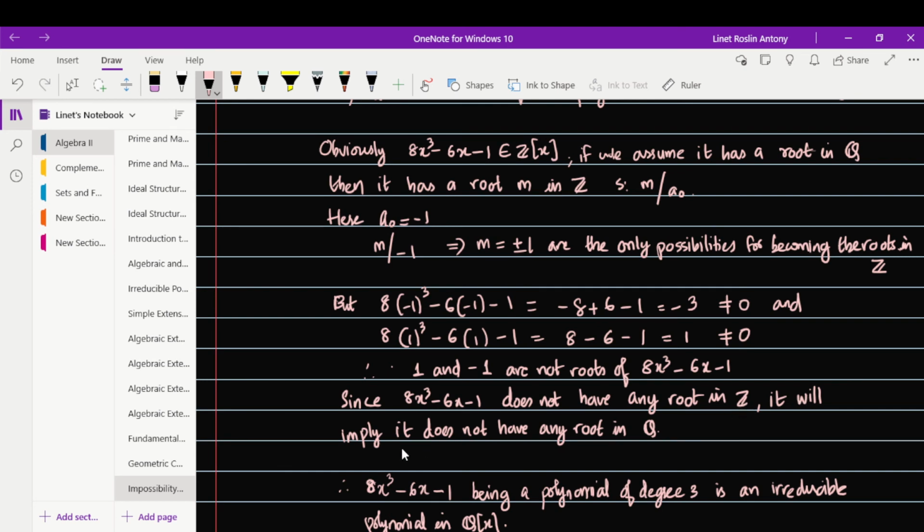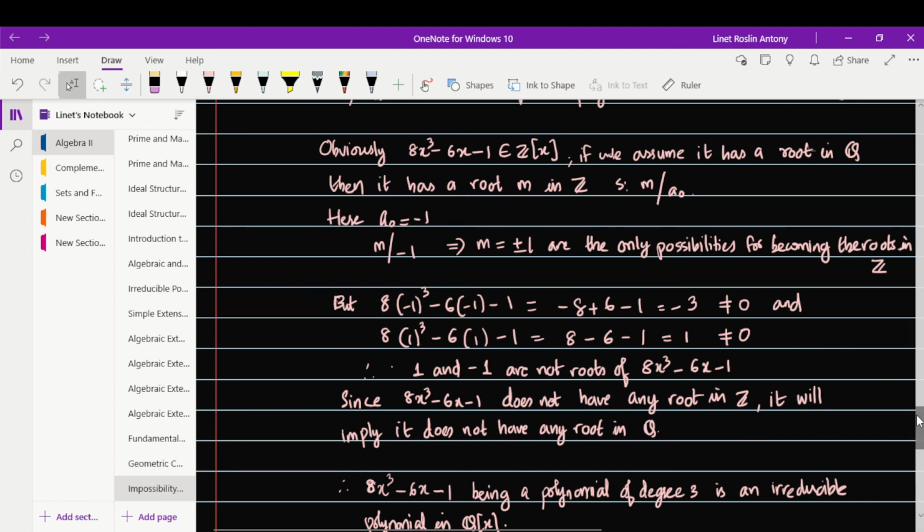So that will automatically imply that this polynomial does not have any root in Q. So please remind yourself to check out the theorems which are being used while we are proving this. Okay.